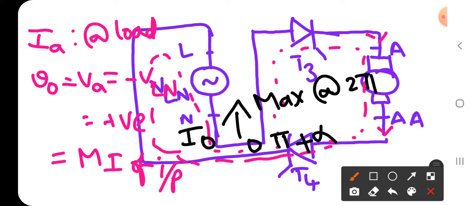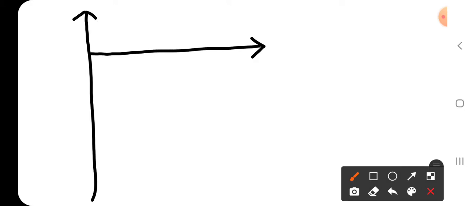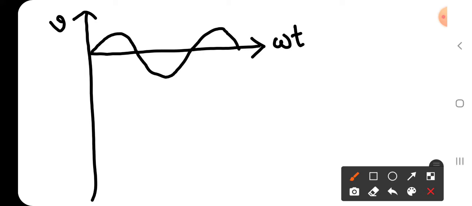Okay, so let us see. This is the operation of the circuit diagram. Now first let us draw the current and voltage waveforms. This is omega t. The input voltage I am giving like this. This is VLN.